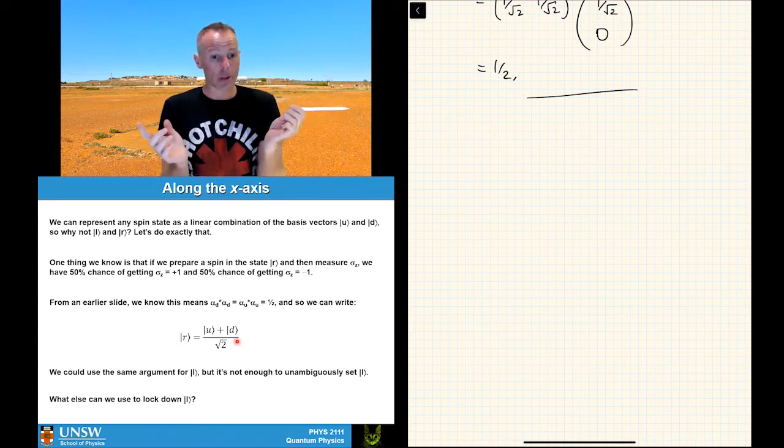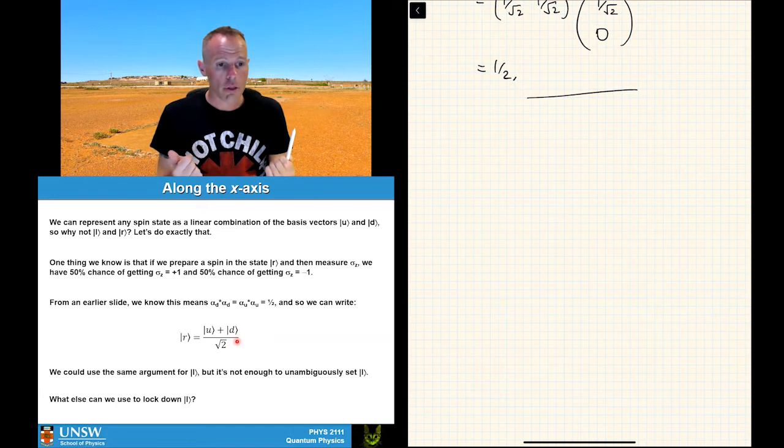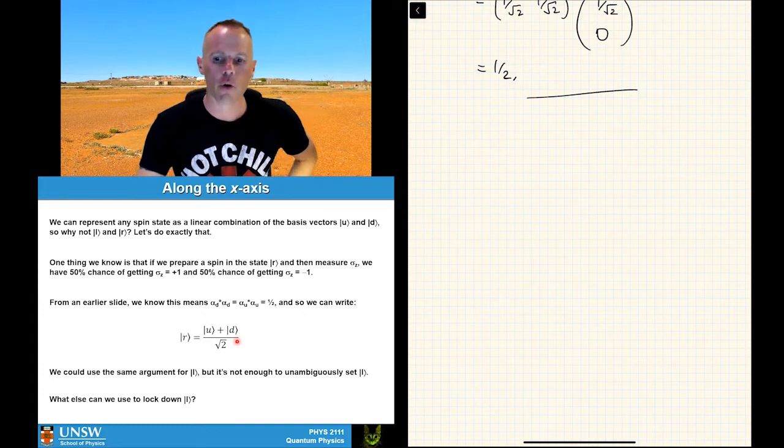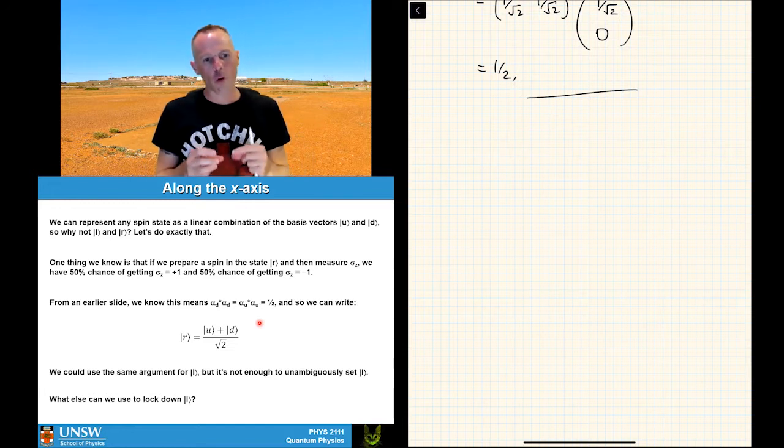Those are the two possible outcomes, okay? And that means that if we were trying to build a Hilbert space off those, the right vector would be perpendicular or orthogonal to the left vector, right? So what we know is we have a form for the right vector. What we need to do is come up with a form for the left vector that still gives us the 50-50 probability, but is orthogonal to right, okay?